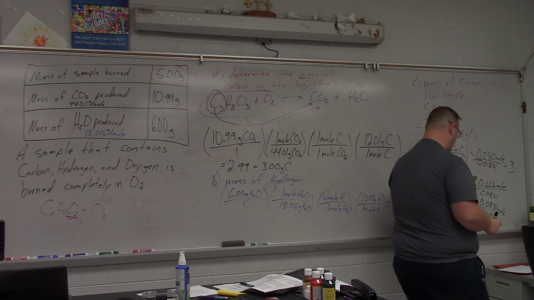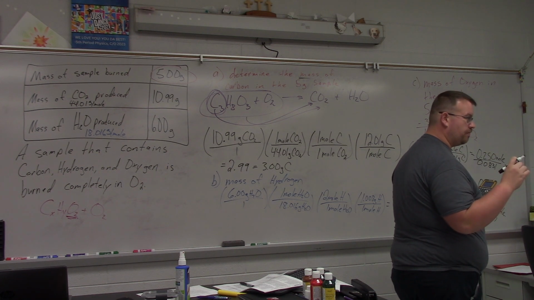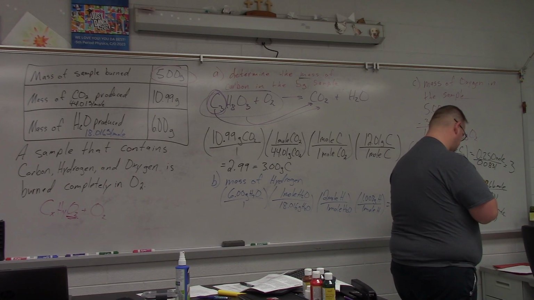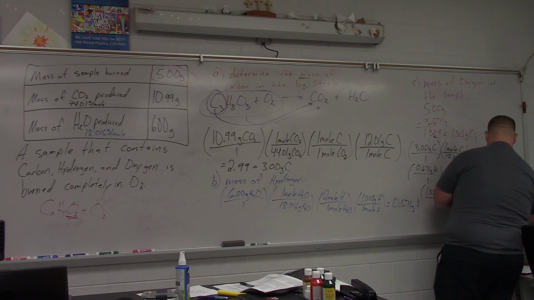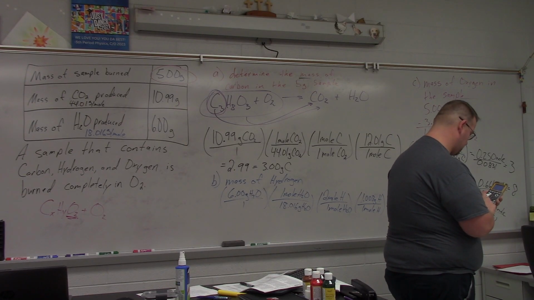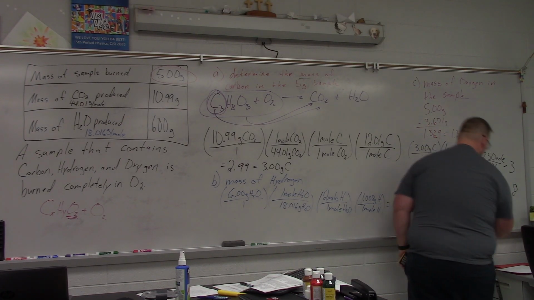So I get 3 for the carbon. I know you get that decimal, but 3.00, that's 3. Then 8.01, that's 8. It's so close to 8. And then we get 1.